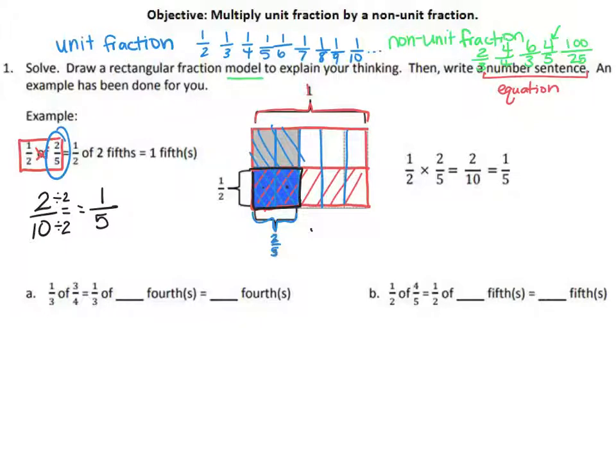Let's do A together. 1/3 of 3/4 equals, okay, so the first thing I expect you to do is draw your model. There's a box. The whole is 1 whole. Now, first we're going to look at 1/3.